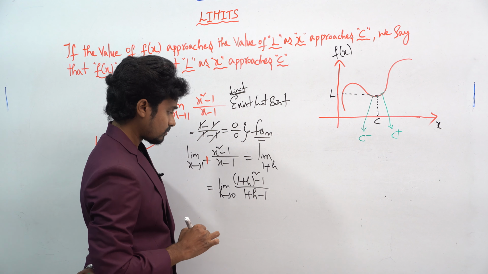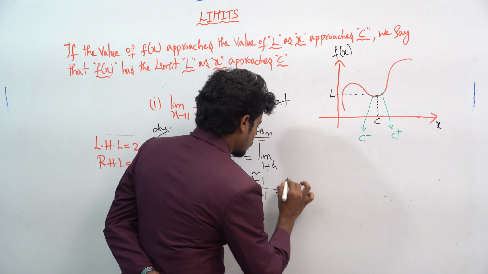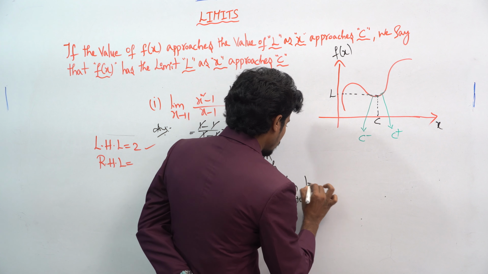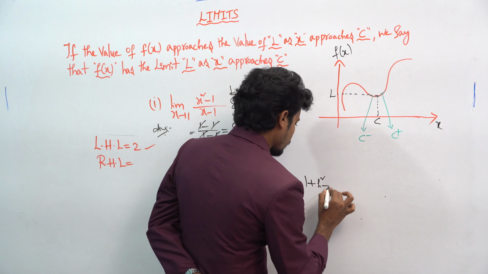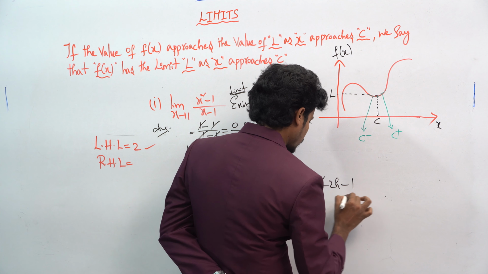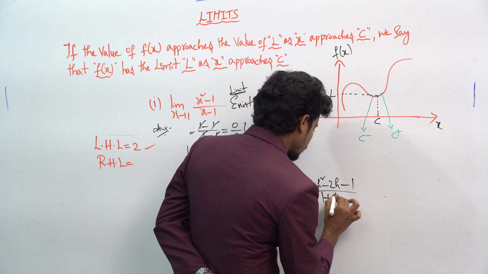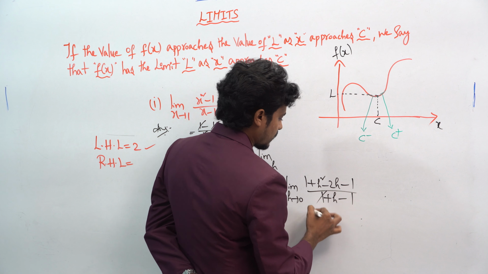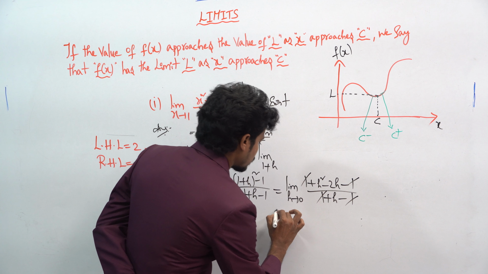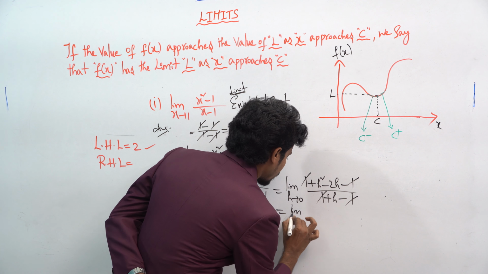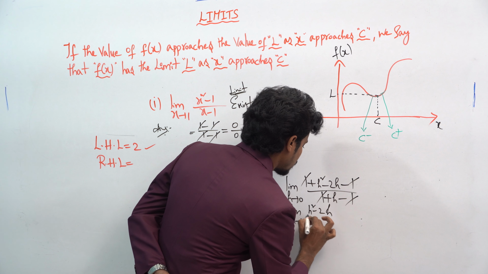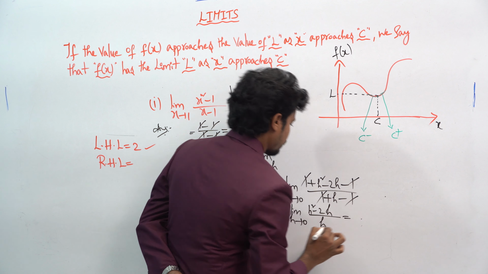Okay. Now let's see, this be the limit h tends to 0 of 1 plus h square plus 2h minus 1 divided by 1 plus h minus 1. Here plus 1 minus 1 will cancel, here plus 1 minus 1 will cancel. So this will become the limit h tends to 0 of h square plus 2h divided by h.